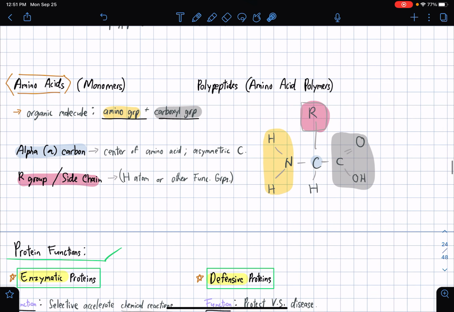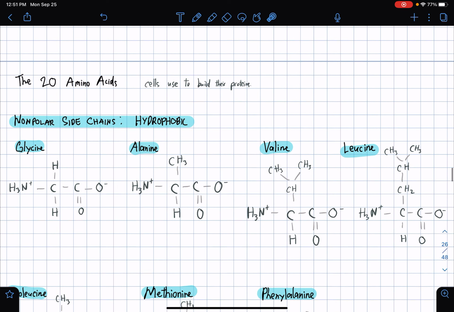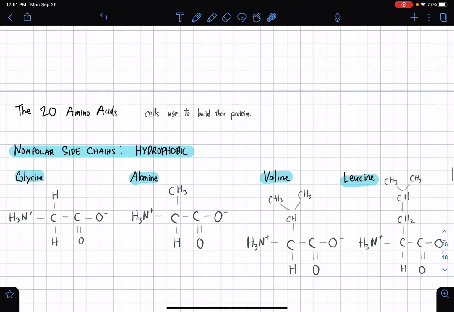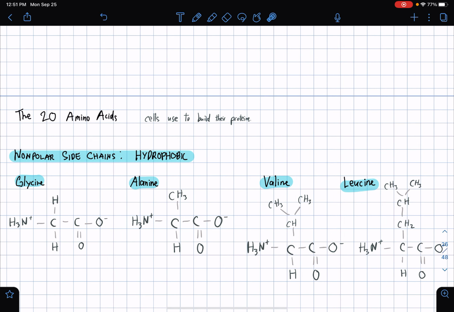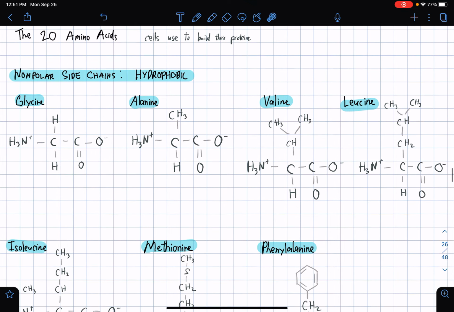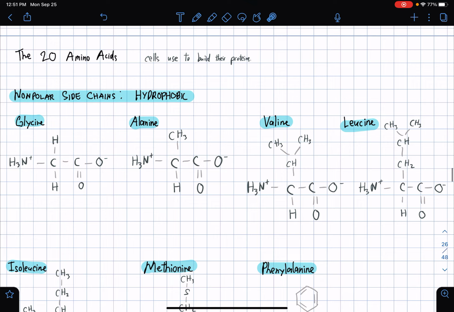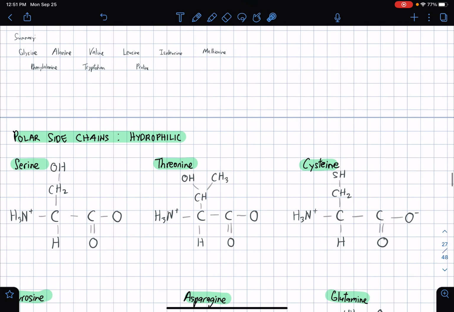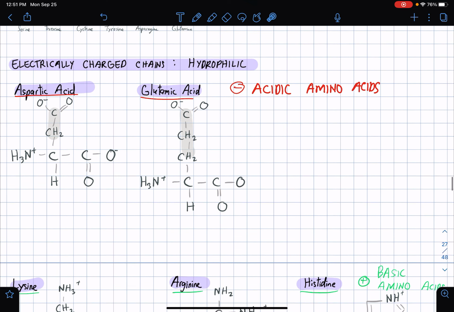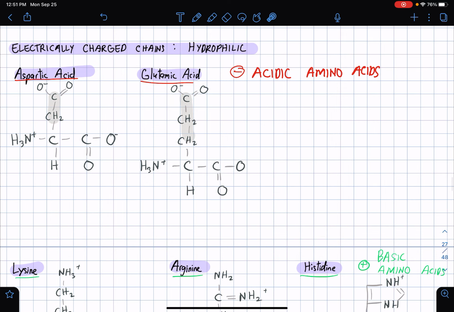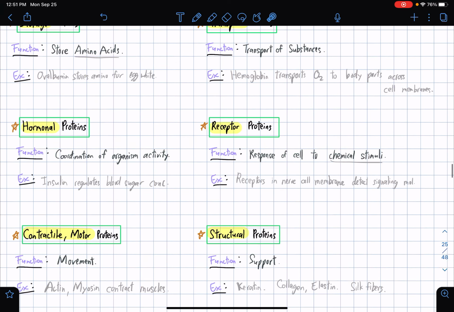If I'm not mistaken, the R group depends on the protein's function. No, it depends on the kind of amino acid that makes the protein, human protein in particular. Human proteins are made from 20 types of amino acids, and they are classified according to being hydrophobic, hydrophilic, and their electrical charge. So more on that later.